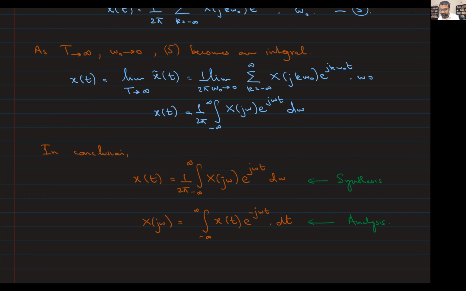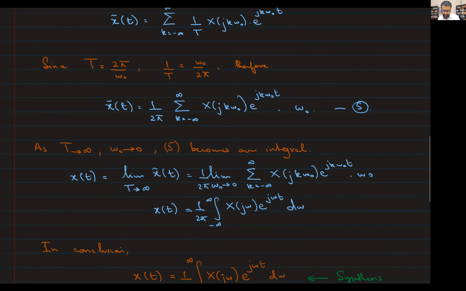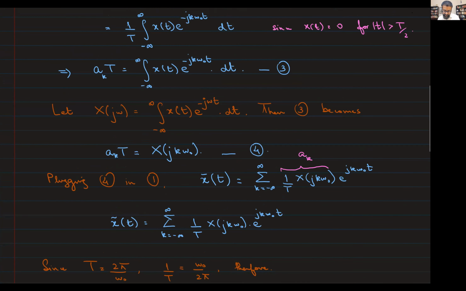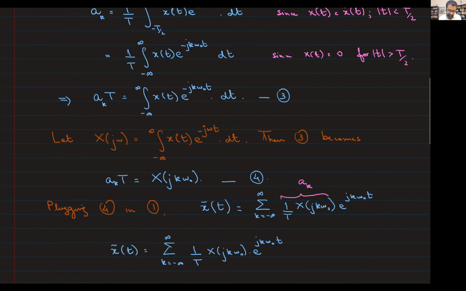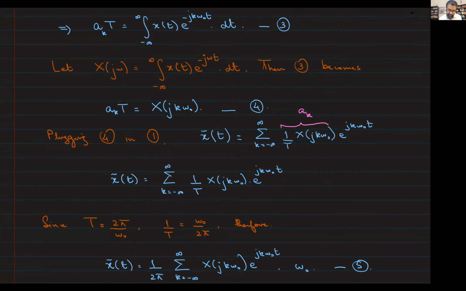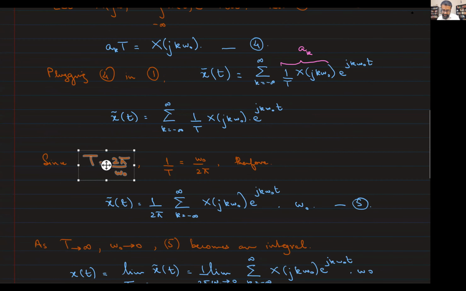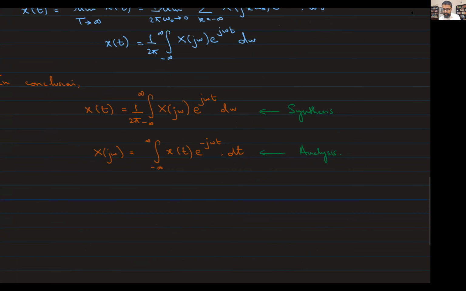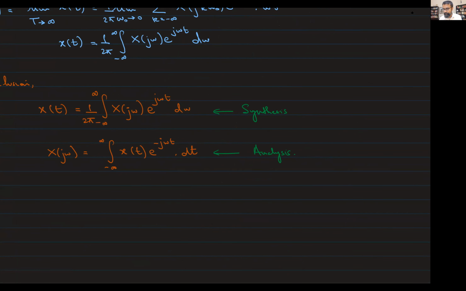So with this above, कहाँ पे किया था? Yeah, here. There was no 1 upon 2 pi there, right? So this is Fourier transform. We say that these are Fourier transform pairs. Okay.